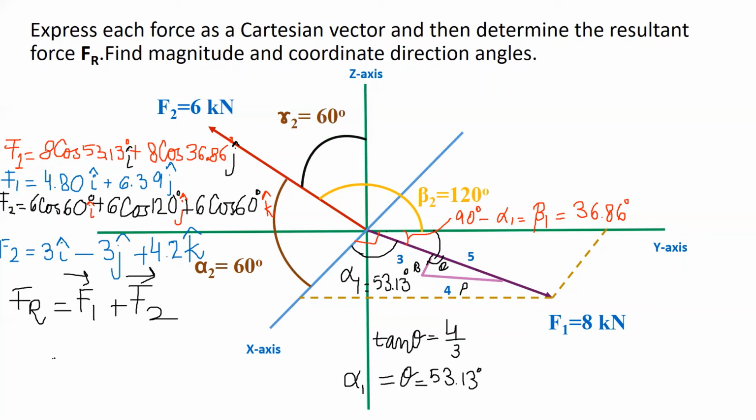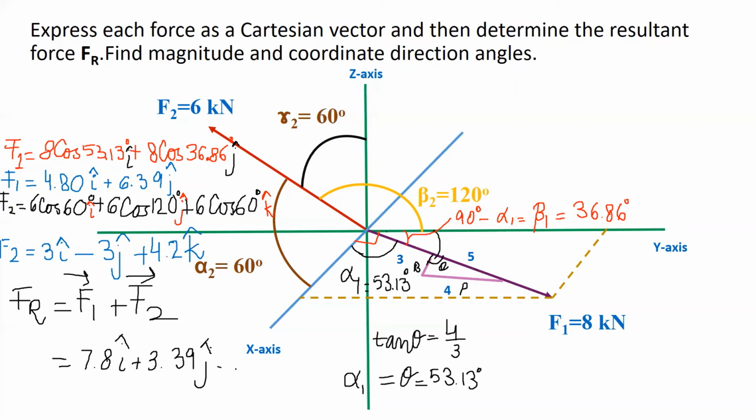So the answer will be 4.8 plus 3, so it will become 7.8 i, plus 6.39 minus 3, so plus 3.39 j.